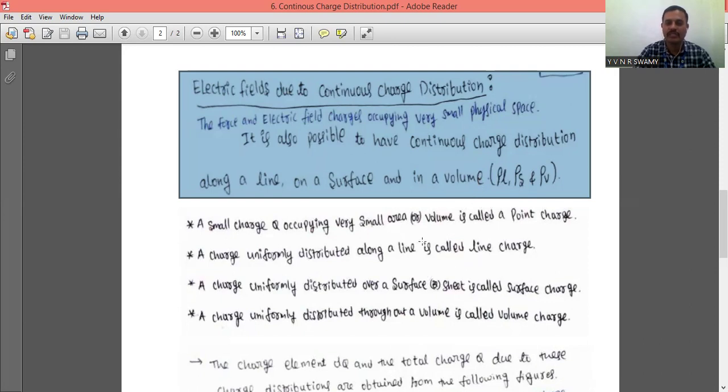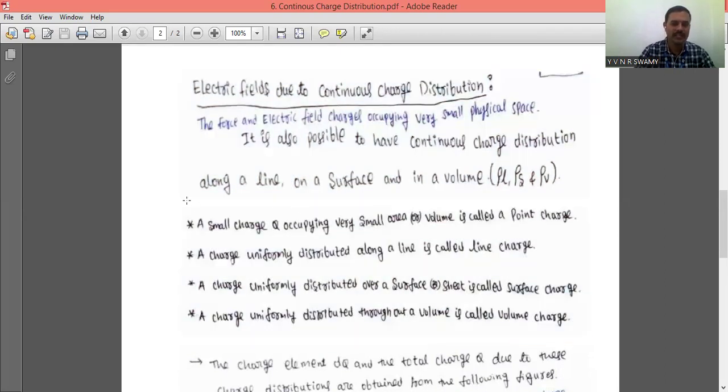Before discussing these line charge, surface charge, and volume charge densities, we have to define these charges.